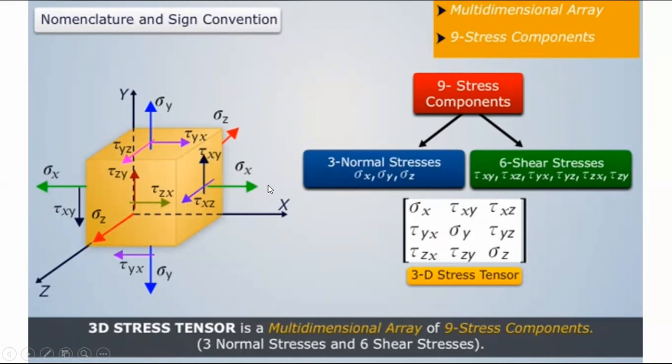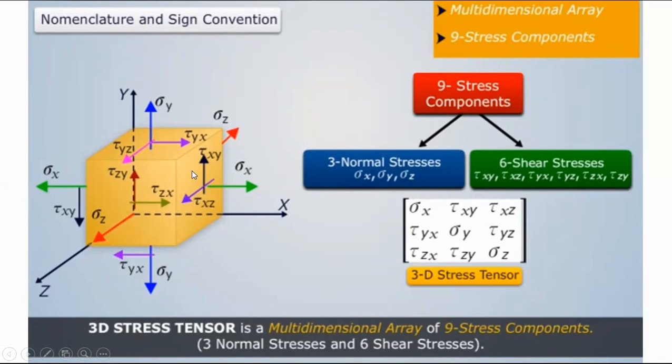Here you can see there are 9 components total in each direction, x, y here, and this is y and this is z, red line. There are normal stresses.